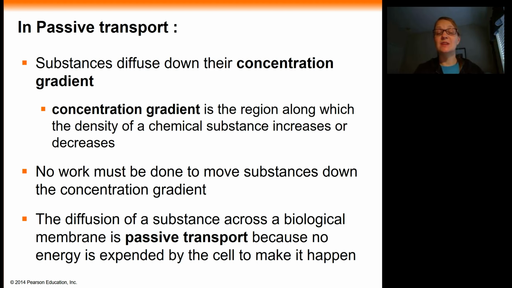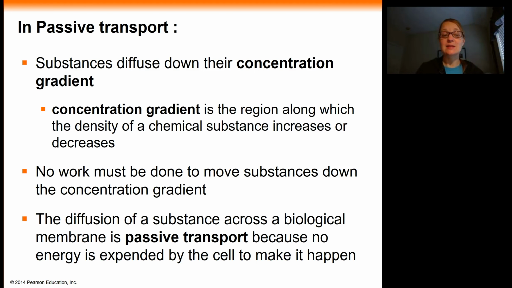So if a substance is moving down its concentration gradient, it's moving from an area of high concentration to an area of low concentration. In order to get substances to move down their concentration gradient, no work must be done. All right, so this is a very simple, natural process that doesn't need any extra energy put into it.